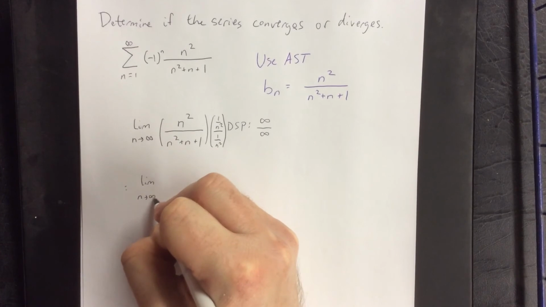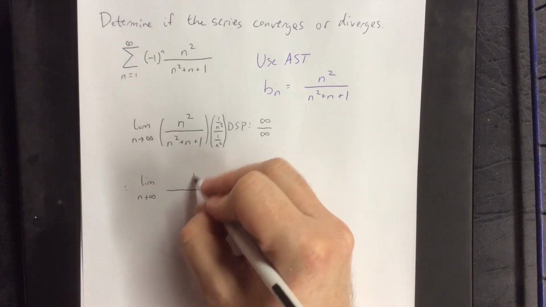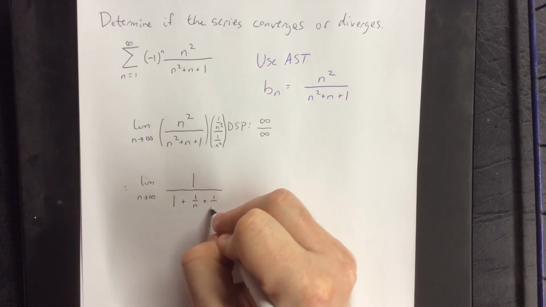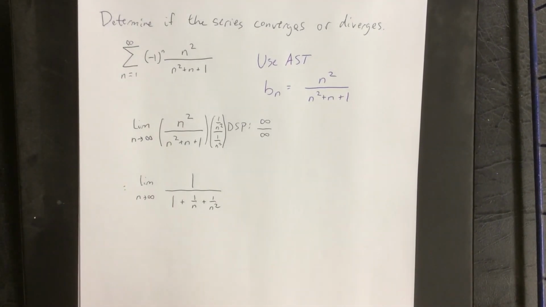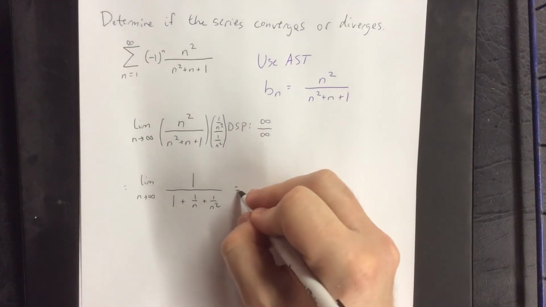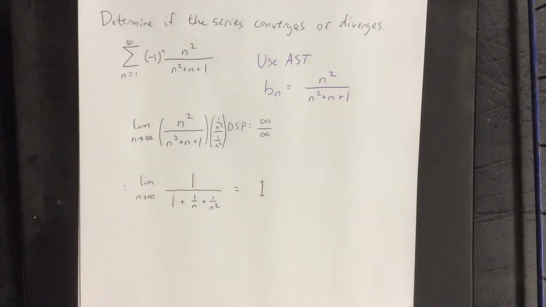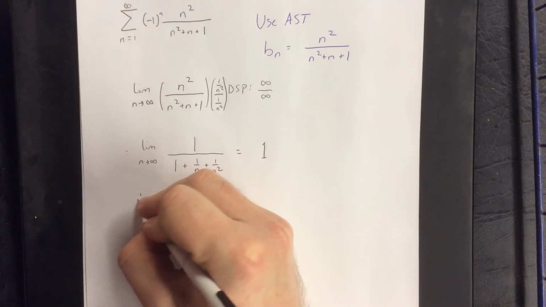This is going to leave me with the limit as n goes to infinity of, your numerator is now 1, your denominator is 1 plus 1 over n plus 1 over n squared. If we allow n to go to infinity, this converges to 1. According to the alternating series test, this was supposed to converge to 0 in order for the series to converge. Well, if it doesn't converge to 0, then you are allowed to draw a conclusion.